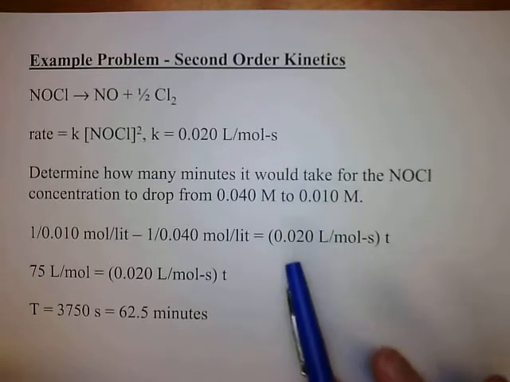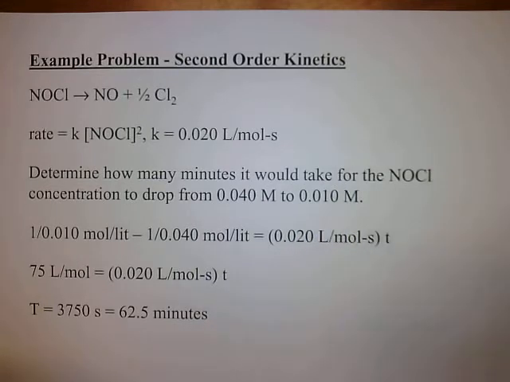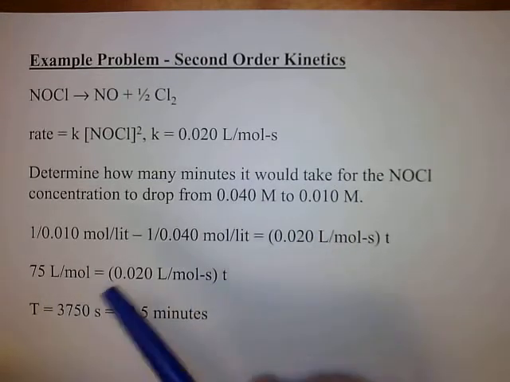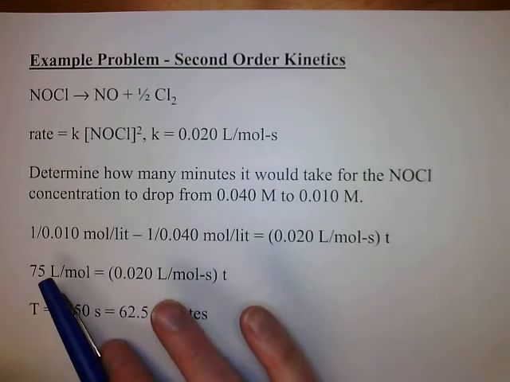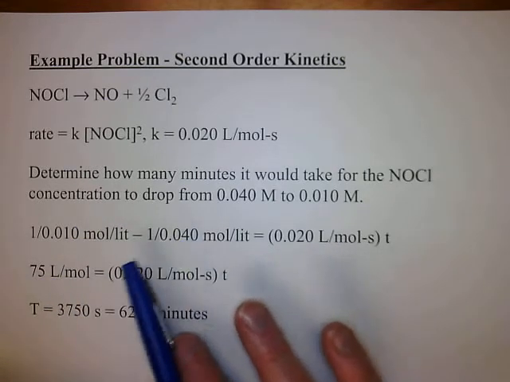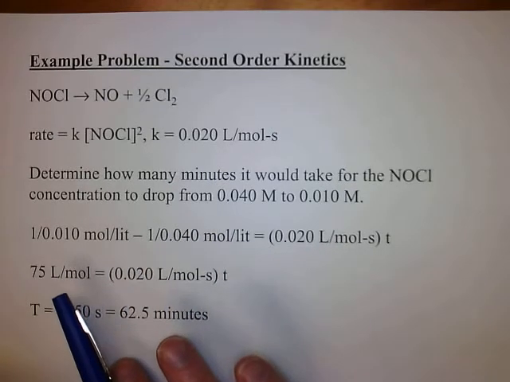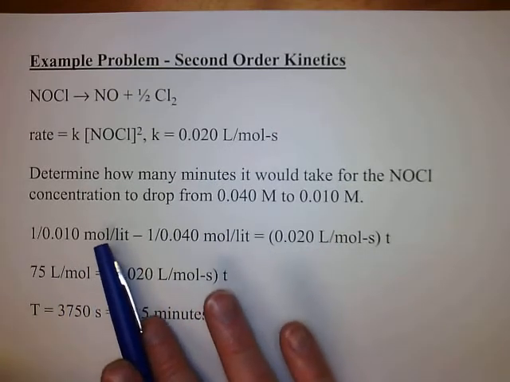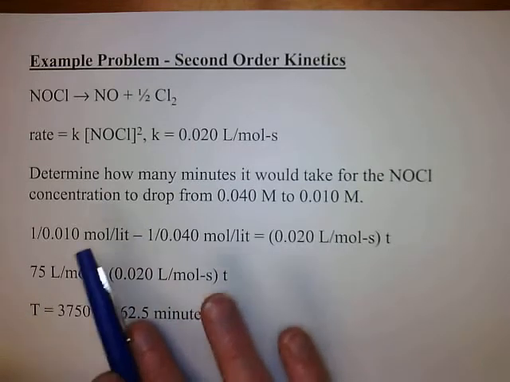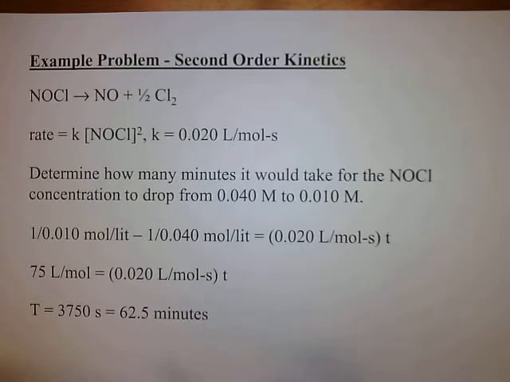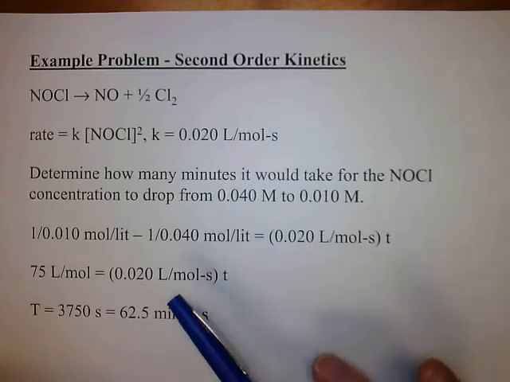That's equal to K times T. Right, so 1 over 0.01 is 100, 1 over 0.04 is 25, 100 minus 25 is 75. And notice moles per liter became liters per mole, because, right, we were taking 1 over, is equal to KT.